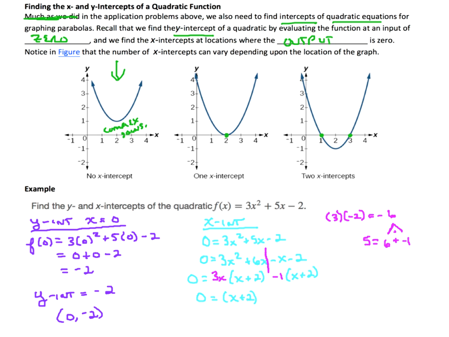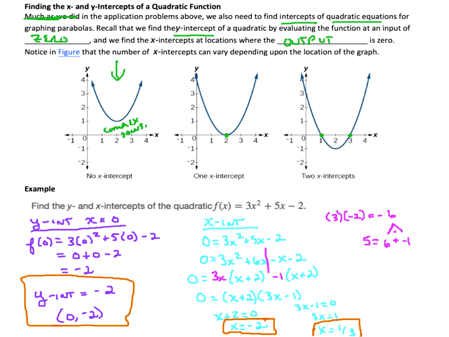So I have 0 equals, my GCF now is x plus 2, and my leftover is 3x minus 1. So I use my zero product property: x plus 2 equals 0, so x is negative 2. And 3x minus 1 equals 0, add 1, so 3x is 1, divide by 3, x is 1/3. So I have two x-intercepts with this particular problem here. I have one at negative 2 and one at positive 1/3, and here's my y-intercept information right there.